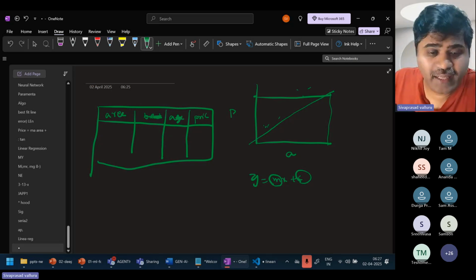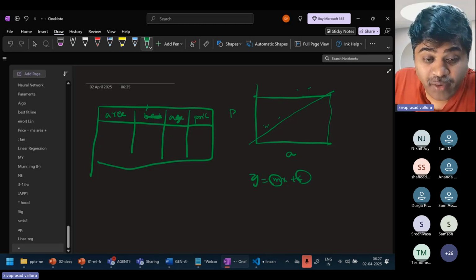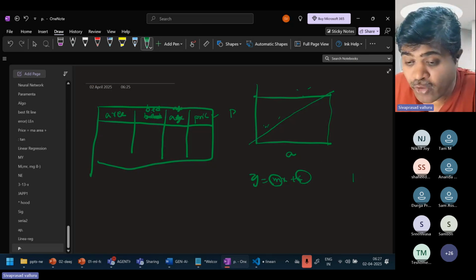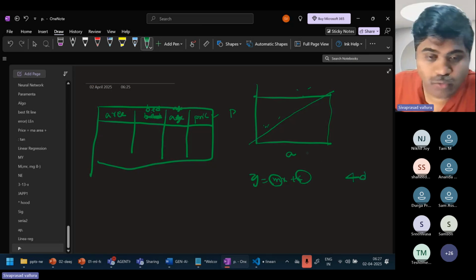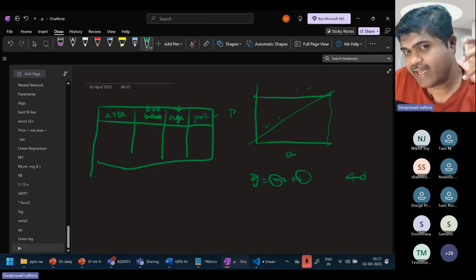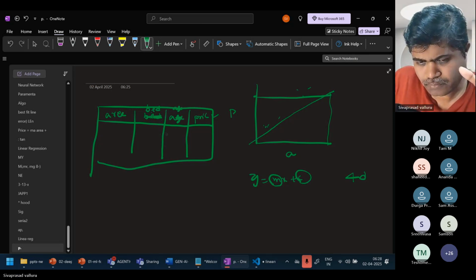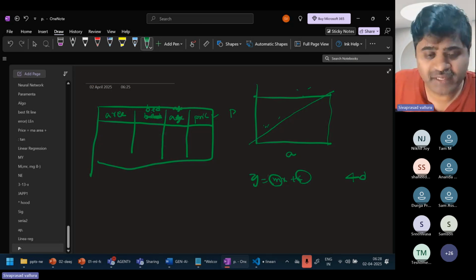But if I have to consider the number of bedrooms and age also while predicting prices, there are three features, area, bedroom, age, to predict price. So there are 4 columns, and I need a 4D graph to plot. Again, in the 4D graph, we need to predict the line equation.